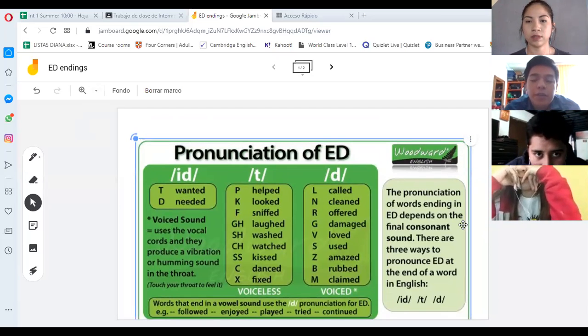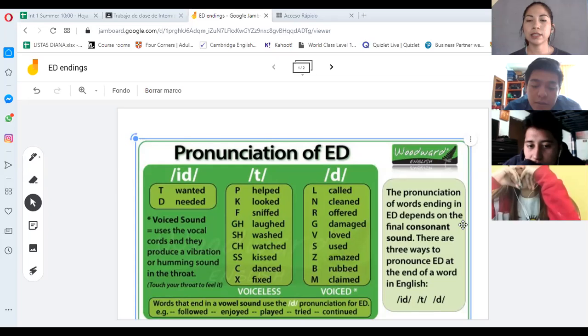The pronunciation of words ending in ED depends on the final consonant sound. There are ways to pronounce ED at the end of words in English. The letter ED, the pronunciation of ED, and you have it, T, or D. We have three different sounds.